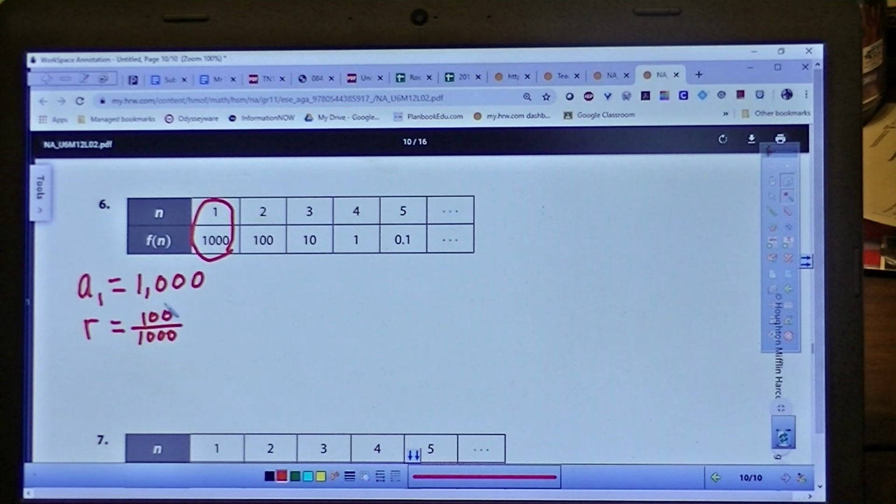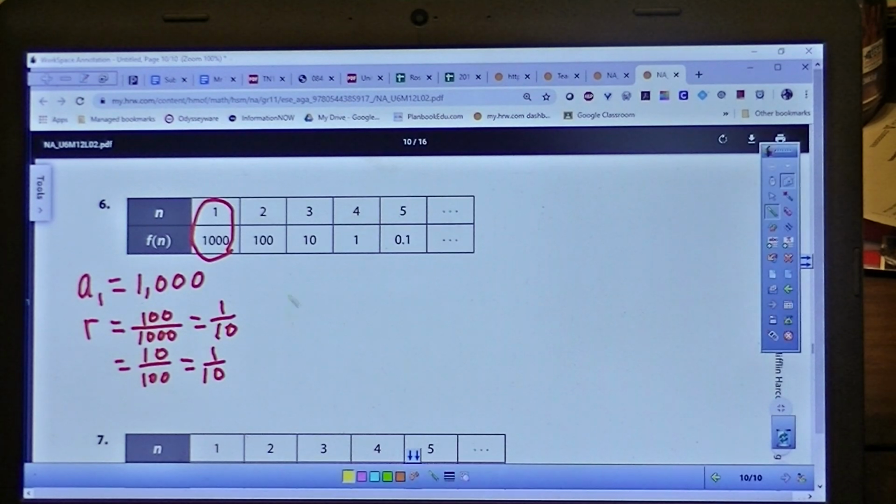Zeros cancel. Uh-oh, we got 1 over 10 again. And then we got 10 divided by 100 for our next group, and that's still 1 over 10. So our R value for this one is still 1 over 10, but this time we're starting at 1.